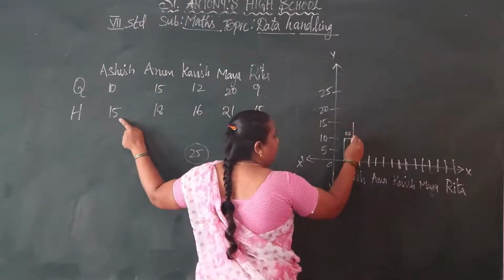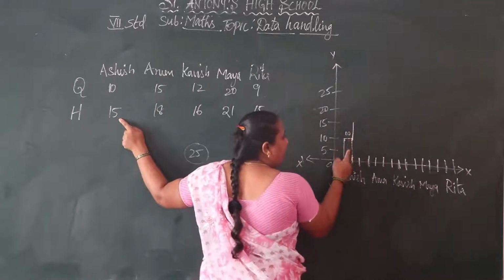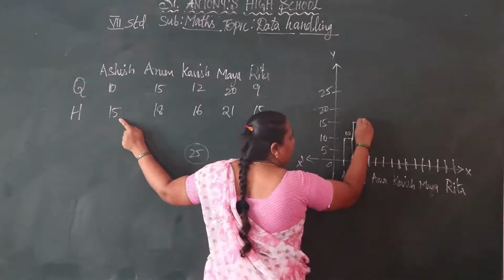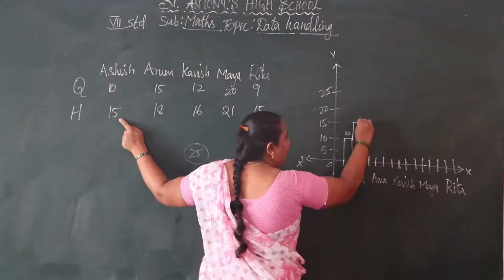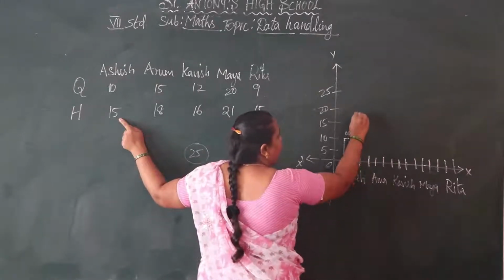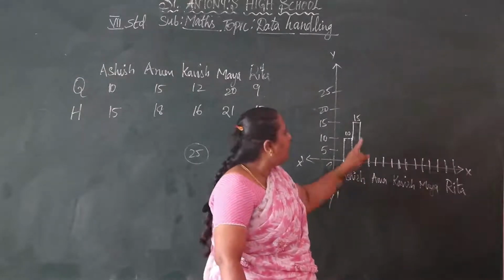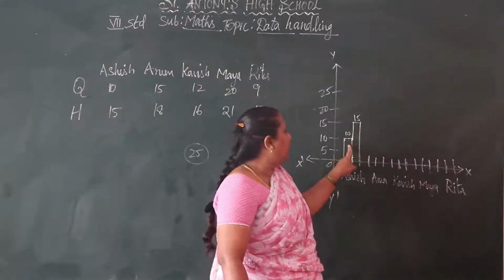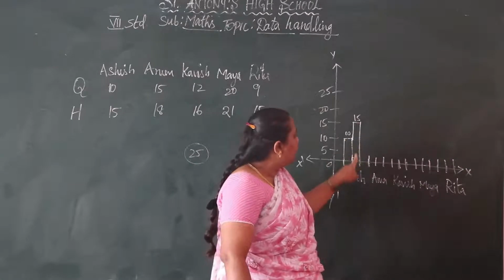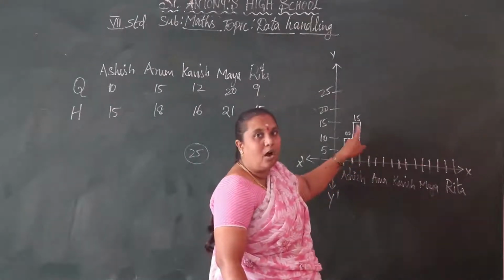So you have to join here, and join like this. Now see, this is a double bar graph. You are comparing. So Ashish scored more in half-yearly than in quarterly.